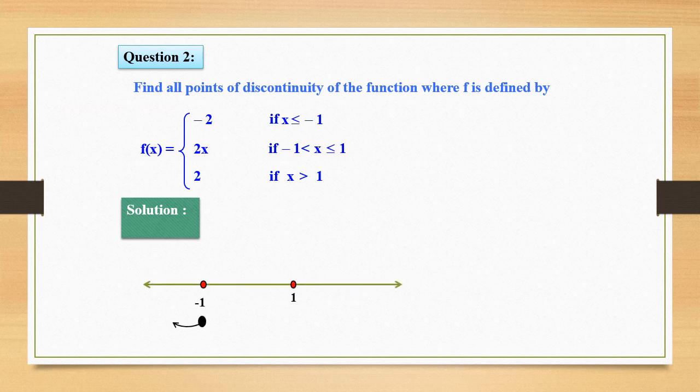So consider the 2 points where we need to check the continuity, that is minus 1 and 1. The value of the function for x less than minus 1 is minus 2. In between minus 1 and 1, the value of the function is 2x, and when x is greater than 1, the value of the function is 2.